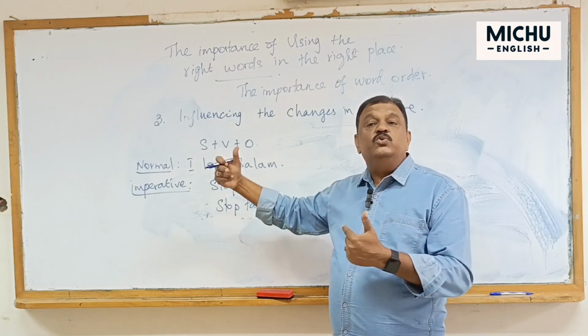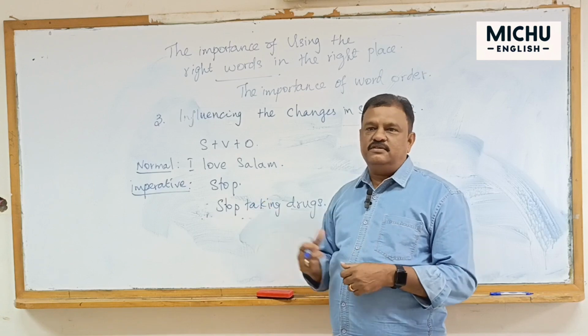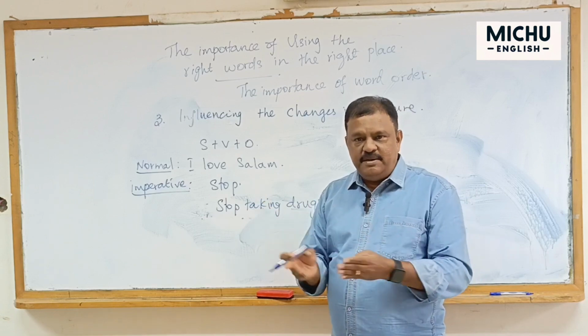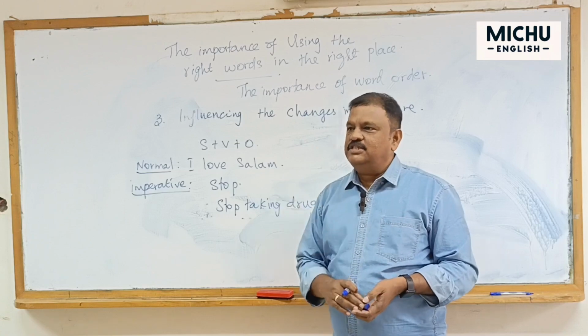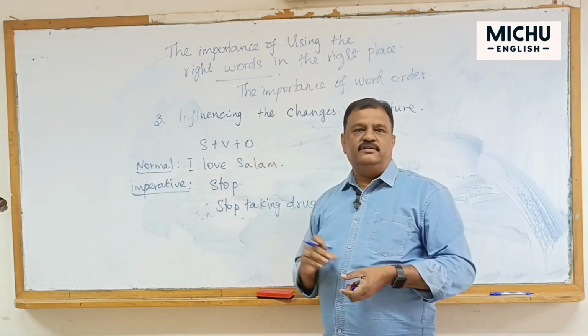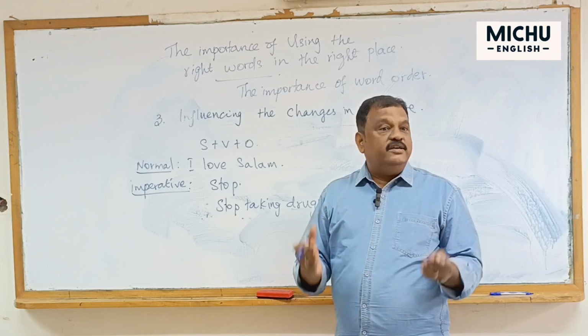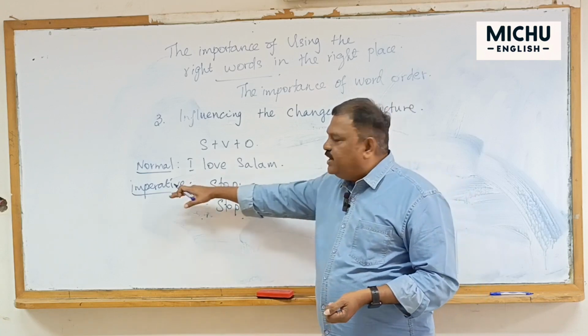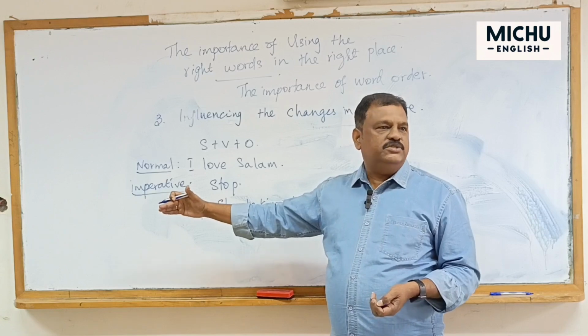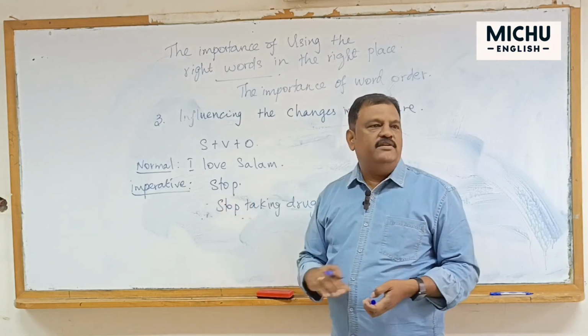We don't need to use the subject in this sentence. If you say stop to someone, it means you stop. That's the meaning. So the subject you is hidden here. Why do we hide it? Because the structure of writing imperative sentences starts with the main verb.